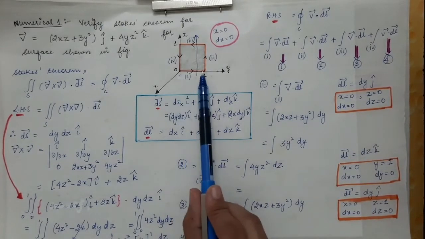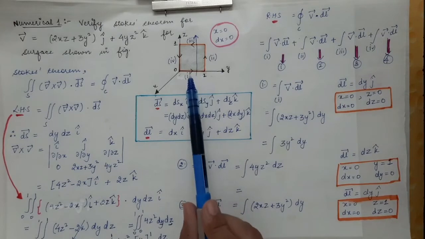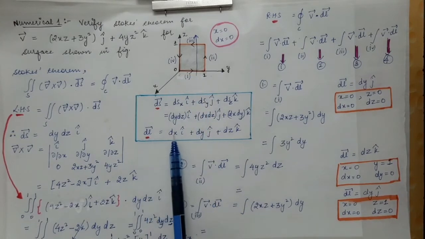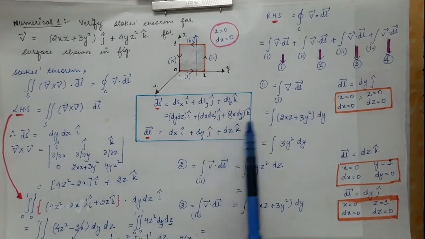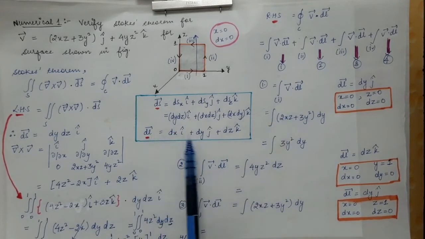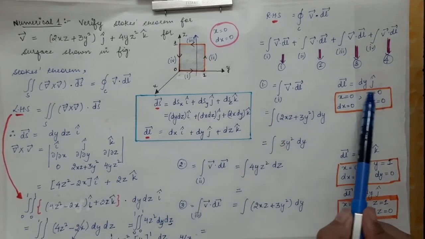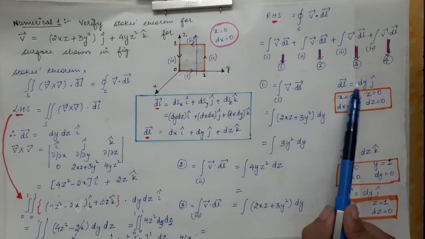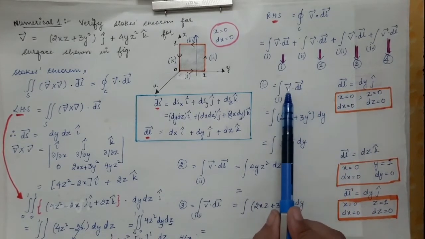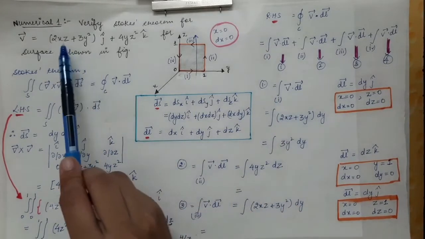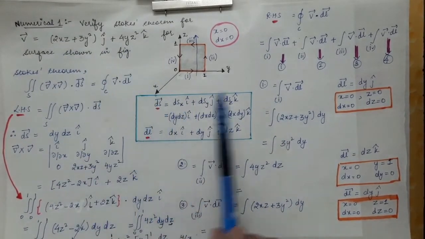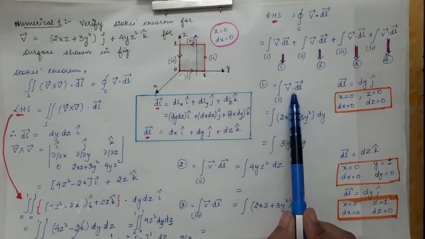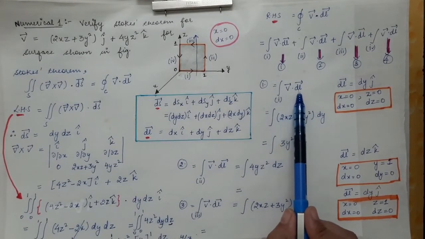And along this path, we have dx equal to 0 and dz equal to 0 for the first path. Therefore the dl vector will be simply dy into j cap. We have vector v, which has a y component and a z component. We are doing the dot product of v vector and dl vector.